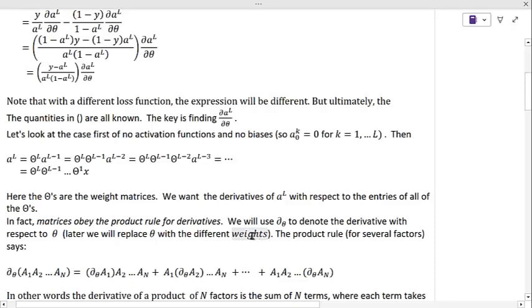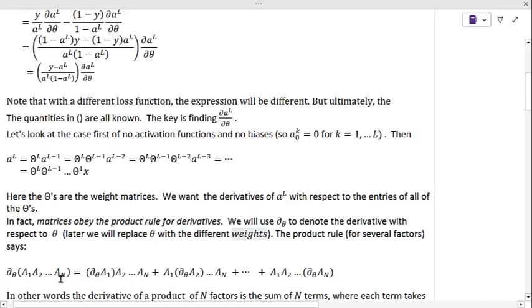The product rule says that if I have a product of different factors and take the derivative of that product, if I have n factors, the derivative will have n terms. Each term will involve the derivative of one of the factors times the other factors. This works for matrices as well as it does for ordinary functions.